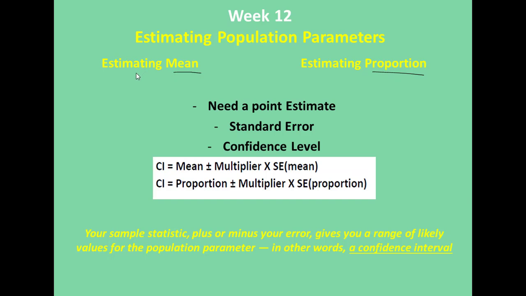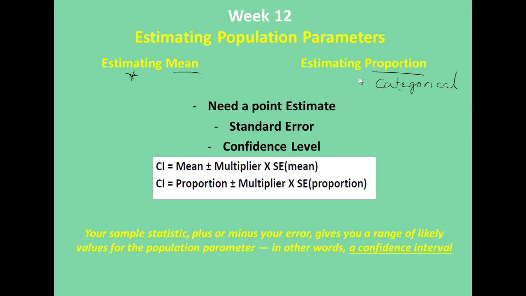It's easy: when you are estimating a mean, you are dealing with numerical, quantitative data, like blood pressure, weight, or level of income, where the level of income is measured by specific numbers. When you estimate proportions, you are dealing with categorical data.